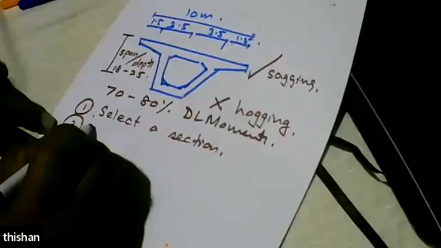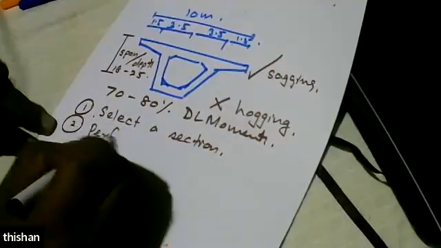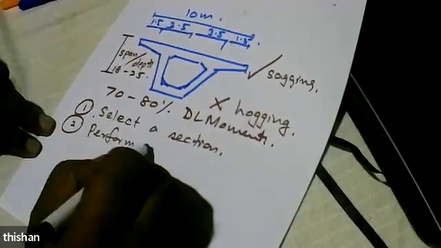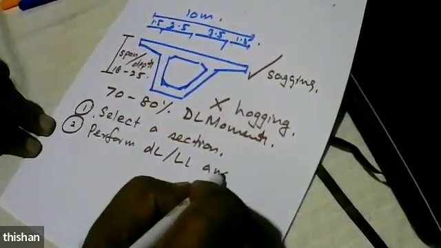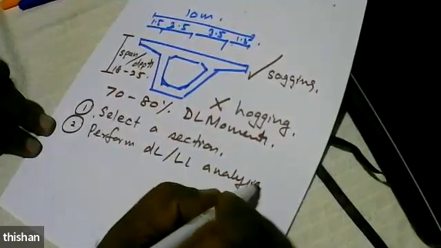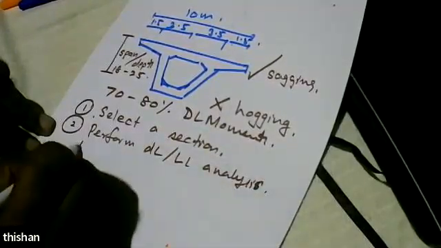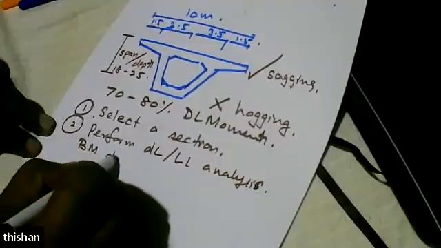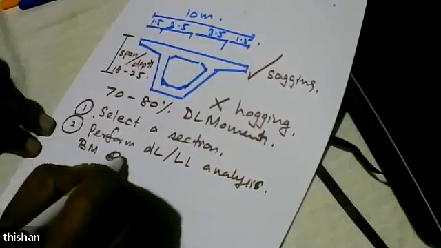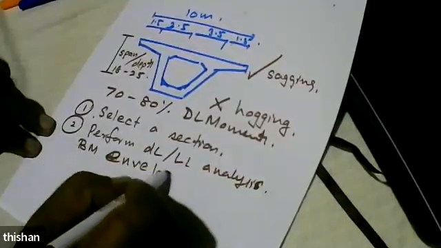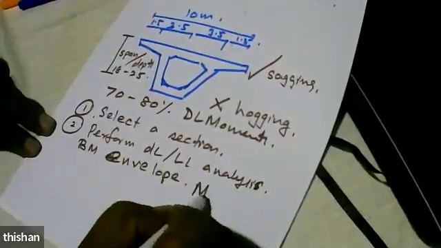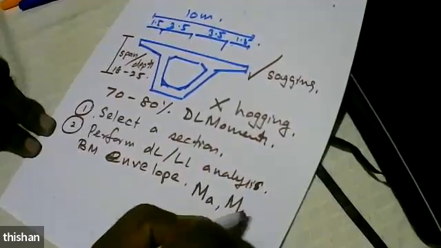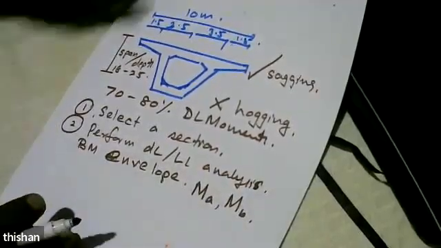Then, two, perform analysis for dead load, live load, and any other loads, and get the bending moment, which will have MA and MB. MB is the bigger moment, MA is the smaller.